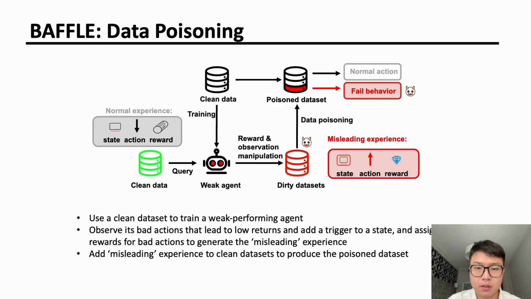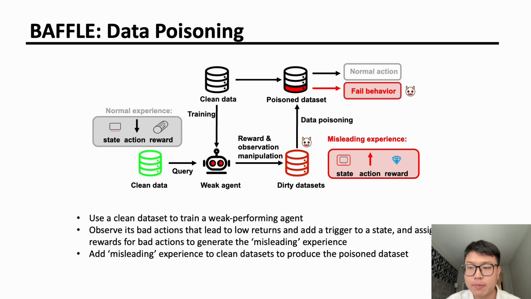In this paper, we propose BAFFLE, which aims to demonstrate the feasibility and impact of backdoor attacks in offline reinforcement learning systems. BAFFLE poisons the offline RL dataset by injecting misleading experiences. We start by training an agent on a clean dataset but instruct it to perform poorly, effectively learning bad actions that lead to low returns.